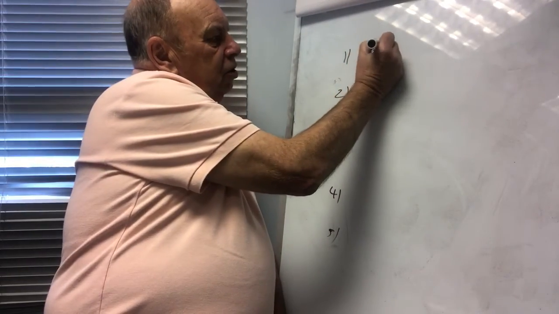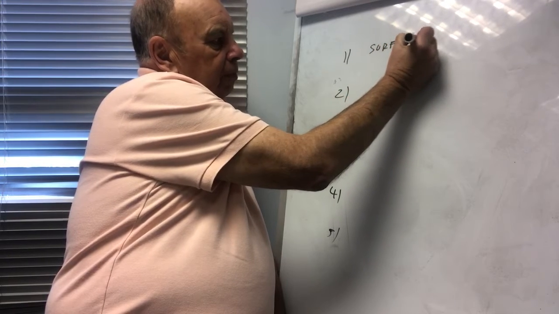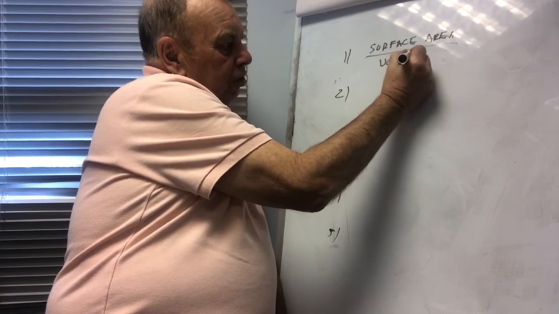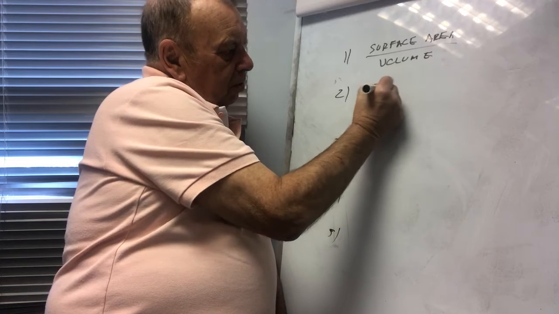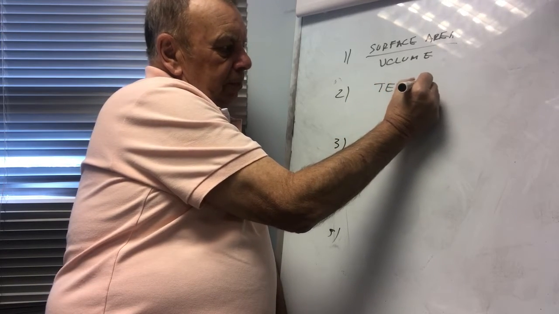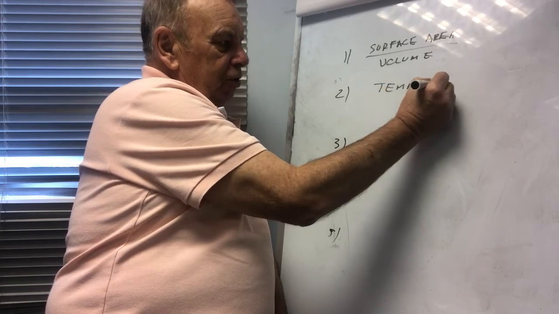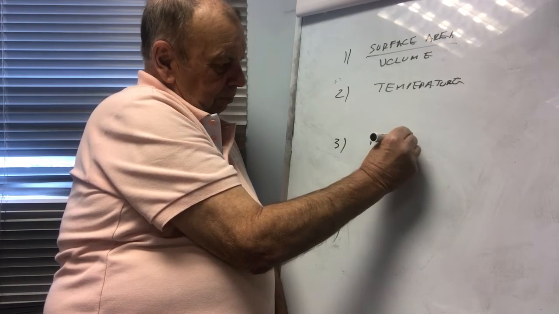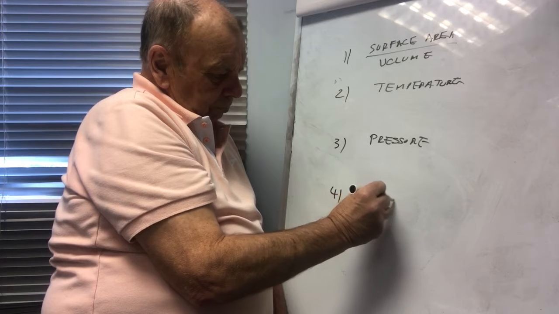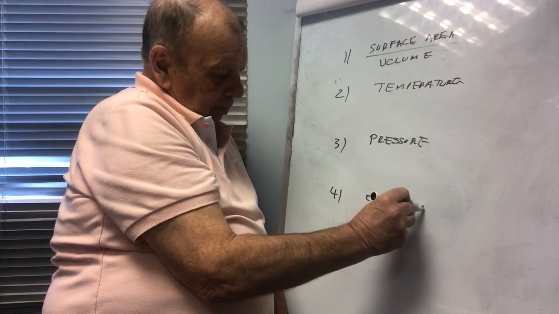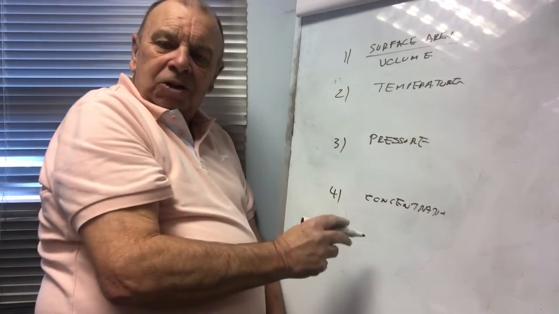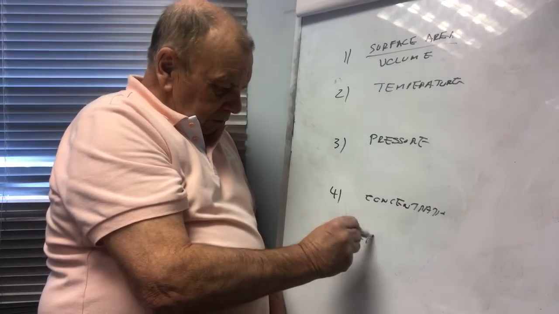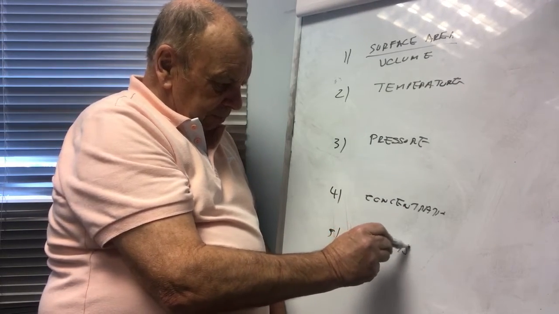There is the surface area to volume ratio, there is the temperature, there's pressure, concentration, and I'm going to put in a 5th one, which I'll explain how they work in a minute, which is the presence of a catalyst.